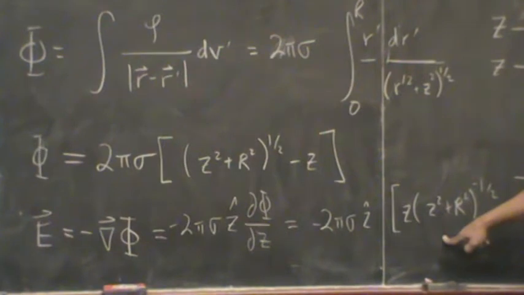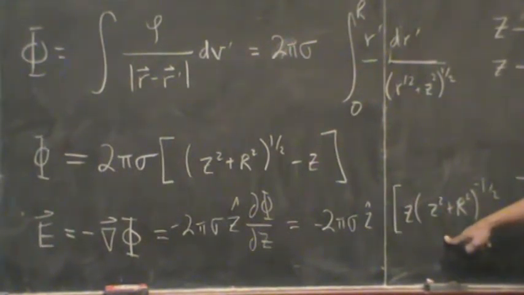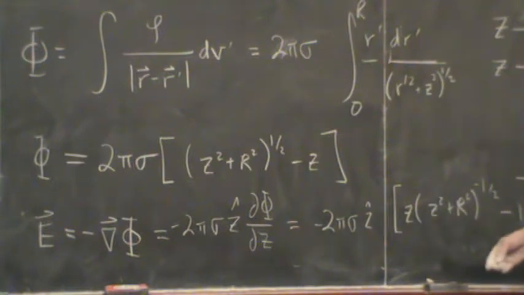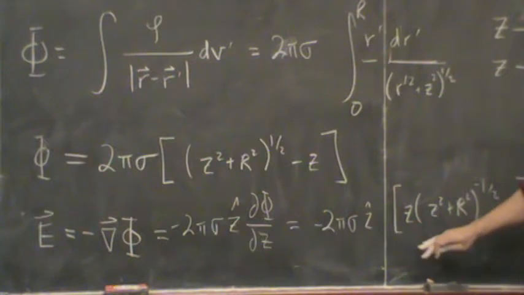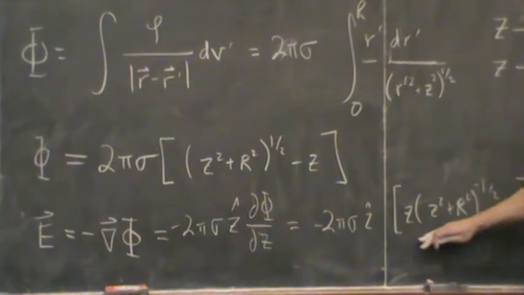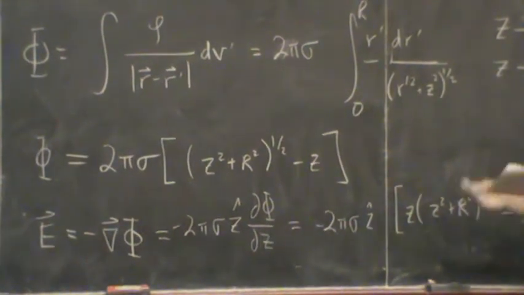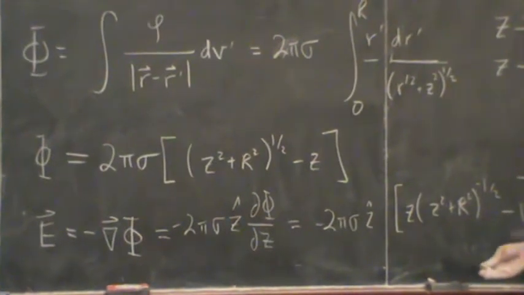So if I really want to figure out whether it's going to work or not, because this actually goes to 0 as it should, but I want to find out how it goes to 0, probably the best thing to do here would be to Taylor expand this expression and then find out what the next term out is. Okay?